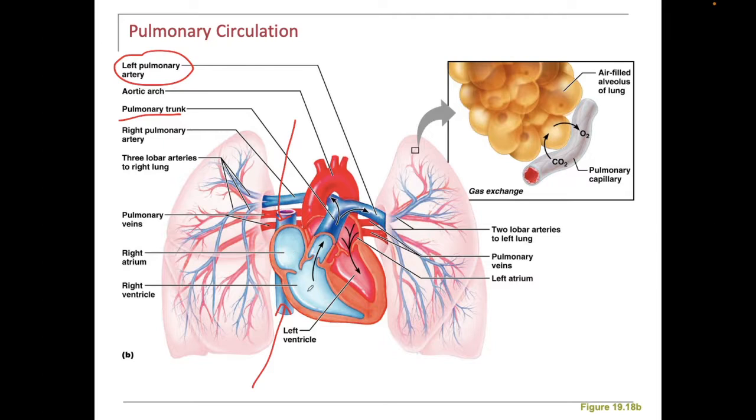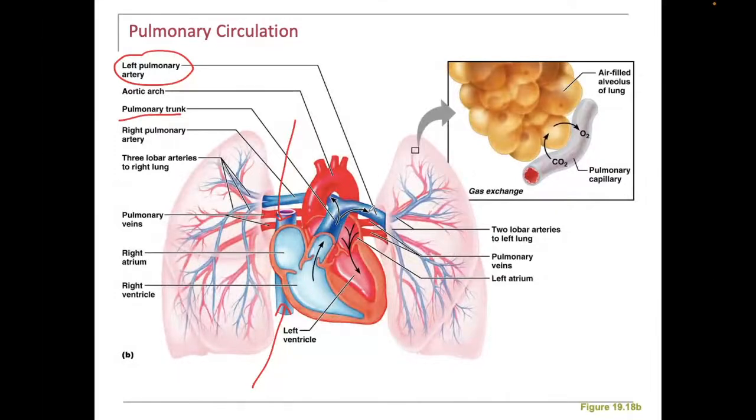And then from the right atrium, blood's going to flow into the right ventricle, and it's deoxygenated. And then the ventricle is going to contract and push this deoxygenated blood. We see the arrow up here into this pulmonary trunk, this tree trunk. And from the pulmonary trunk, it's going to go into the left and the right pulmonary artery.